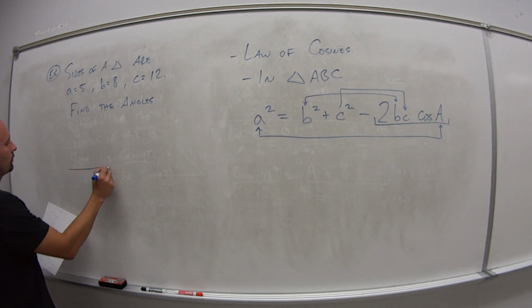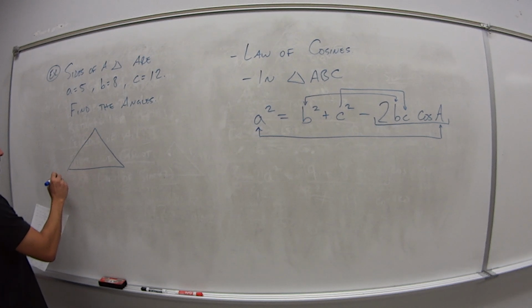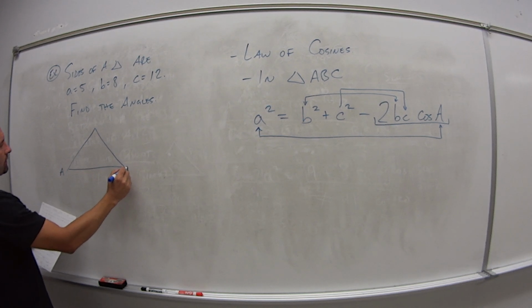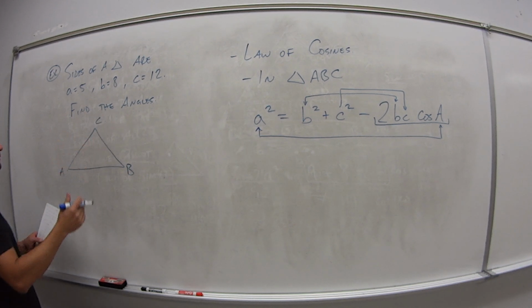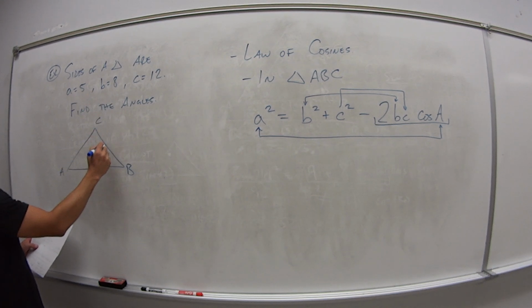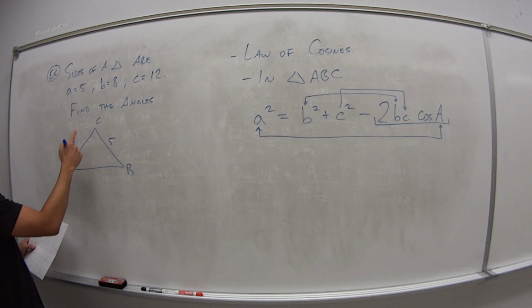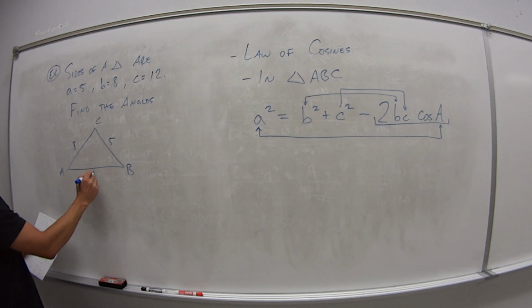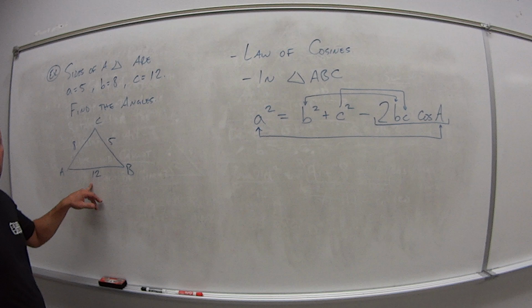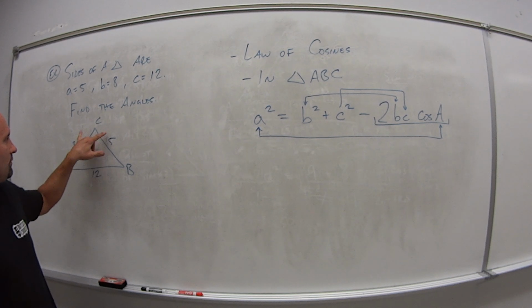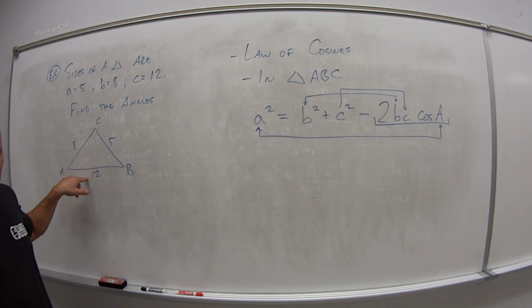If I draw a picture of what's going on here, again, it's arbitrary where I put a, b, or c. So a is 5 over here, the length of b is opposite angle B, and the length of c is opposite angle C. Does this triangle make sense? Yeah, 8 and 5 is 13, which is longer than the shorter side.